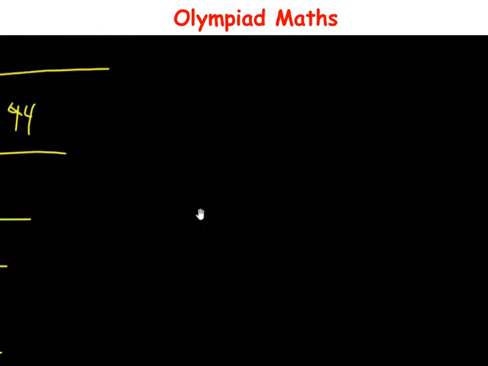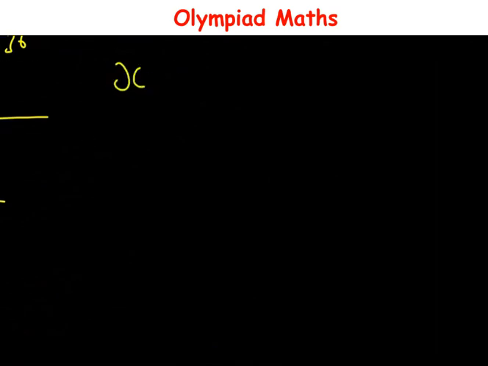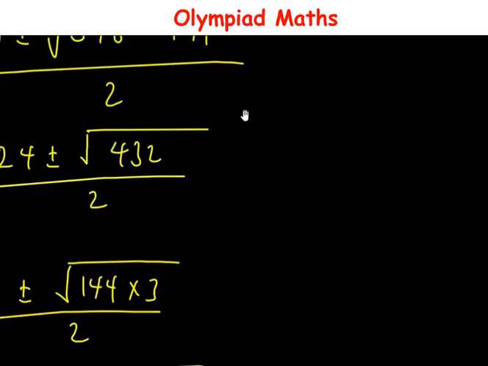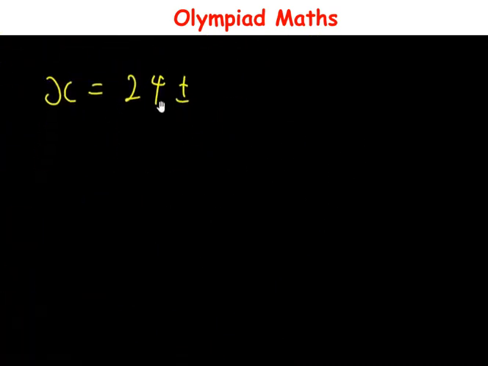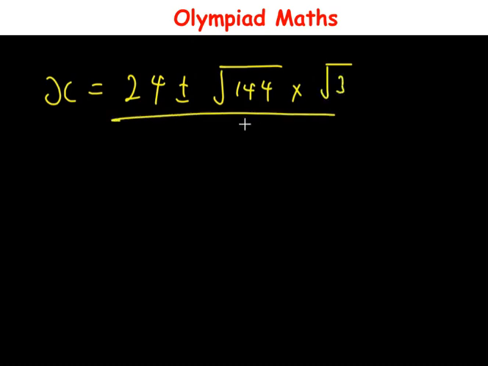So from here, the value of x is equal to 24 plus or minus root 144 times root 3 all over 2.